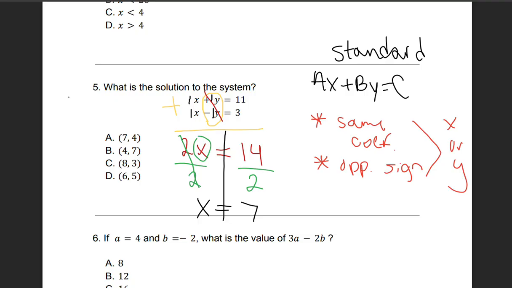Points are always x, then y. Well, with what I just got from solving, my x is 7. So my answer needs to start off with a 7, and then it's going to have a number following it. Well, the only answer option that has a 7 to start off is in fact A. Well, there's my answer.